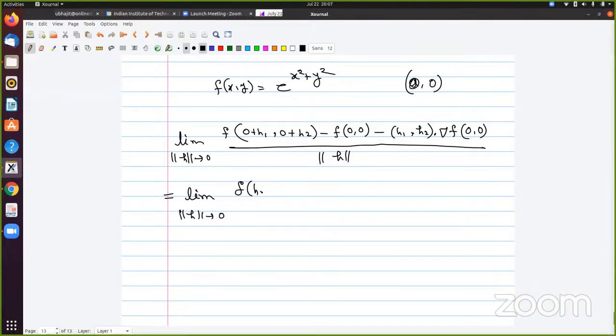So this is f of h1, h2. What is f of 0, 0? This is 1, right? And what is the gradient of f at 0, 0? This is fx, which is x square plus y square 2x, and fy, x square plus y square.